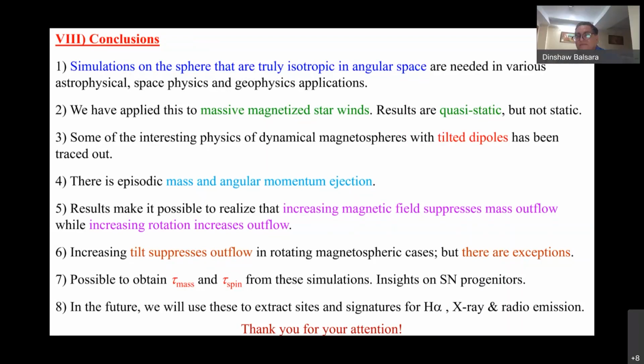Could you just tell us a little bit about where you're running these, are these supercomputer simulations, or what kind of clusters you're using? So these can be run on any typical modern cluster with maybe 1,000 or 2,000 cores. So even a university class cluster can do the job.